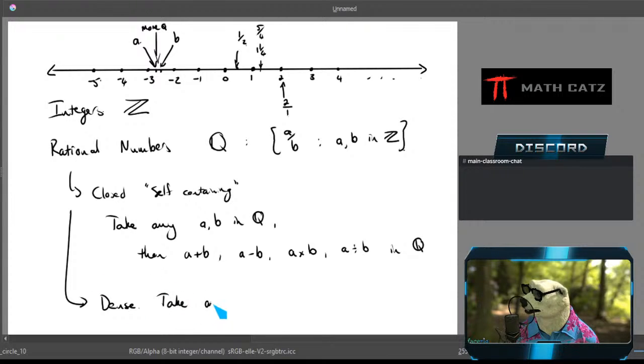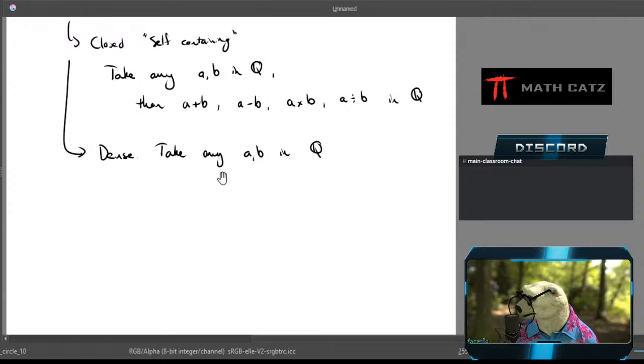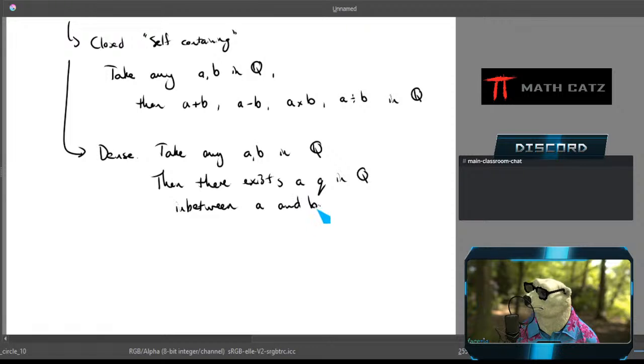Take any A and B rational numbers, then there exists, let's call it Q, a rational number in between A and B. And it's really quite simple. We just need an example. There are actually many. Just make Q the average of the two, A plus B over 2.